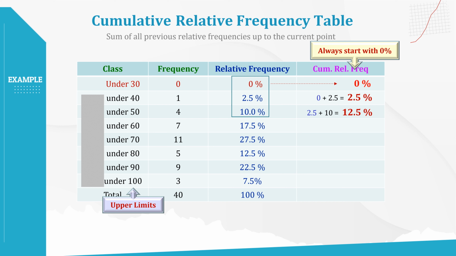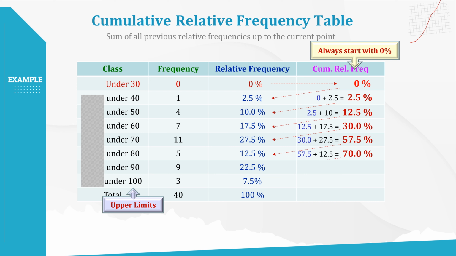Instead of adding in this manner, we can just add the values diagonally, as the last column is the previous cumulative value. So the next entry should be the previous cumulative value 12.5% plus 17.5% to get 30.0%. Next, we use the previous cumulative value of 30.0% plus 27.5% to get 57.5%, and so on.